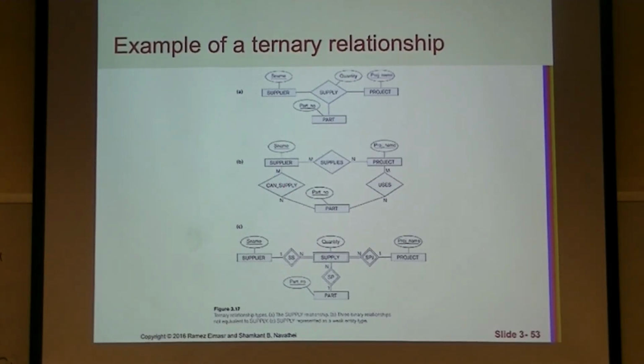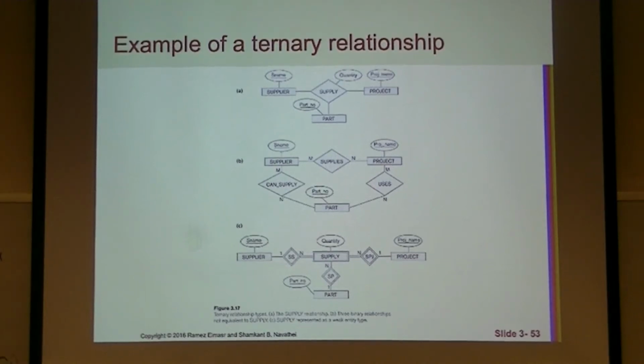We can easily understand the meaning of a ternary relationship. Anyone? From the data point of view, when you model, it is like when you clean up your room. We don't want to keep the unused items in my room, right?